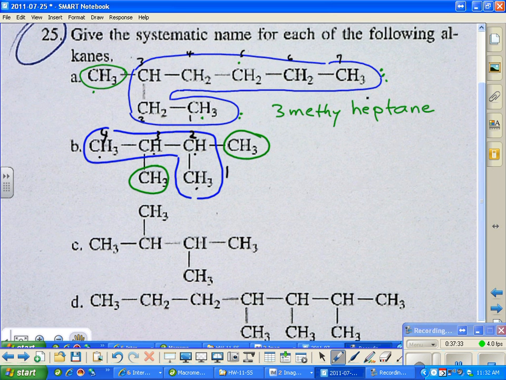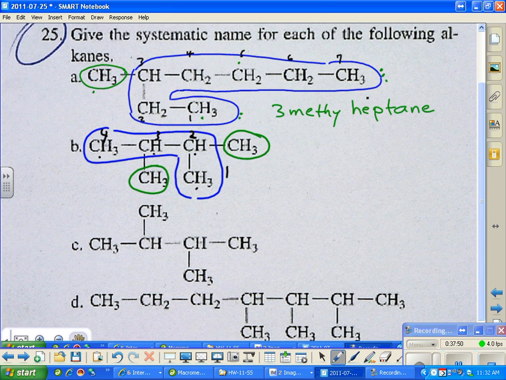Let's start naming it right here. This is methyl. I know it's methyl, but you have to say where the methyls are. That's how you start the name. They're on 2 and 3.